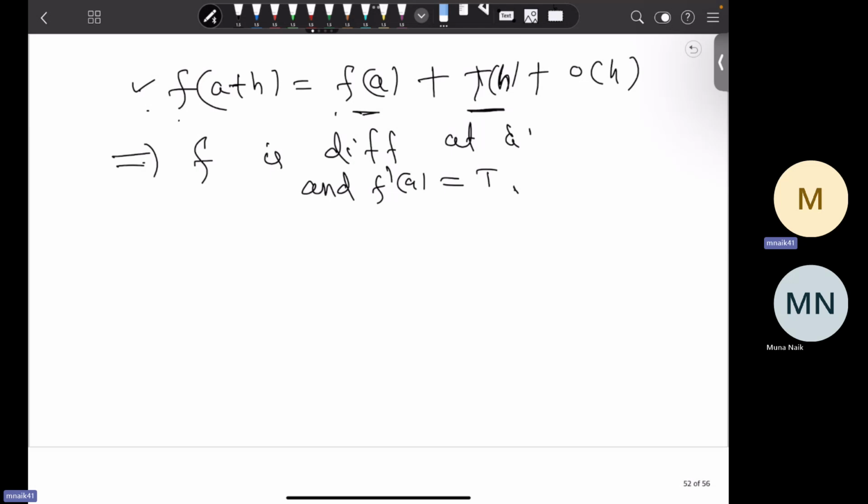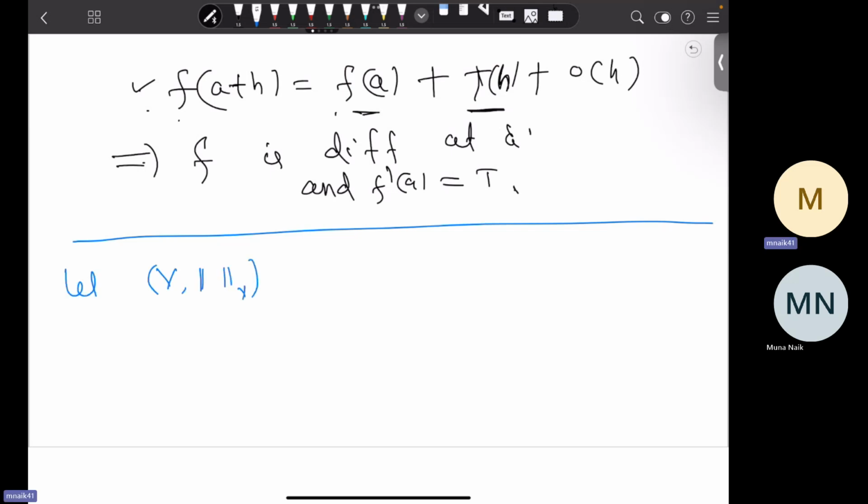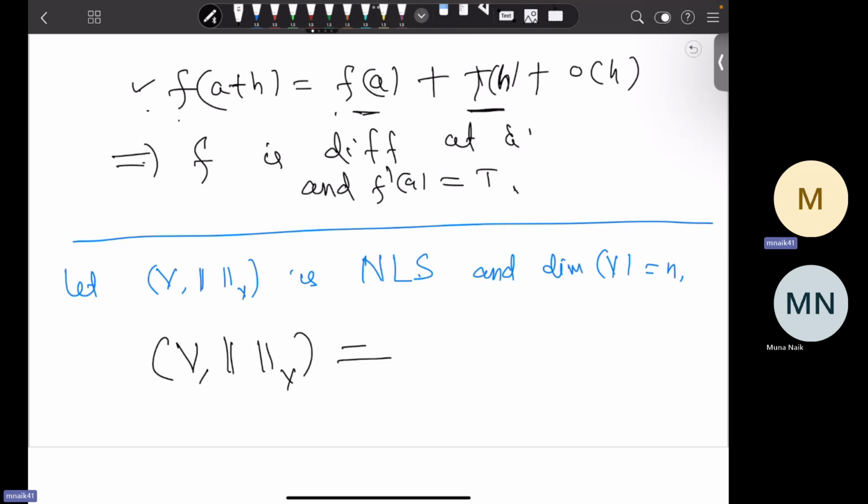Let B, norm B, be a normed linear space, NLS, and suppose the dimension of B is n. Now, under some identification, B with its norm is nothing but Rn with respect to some other norm on Rn.